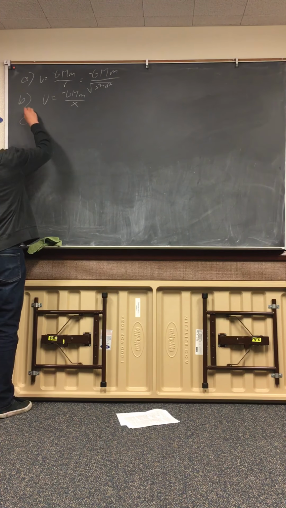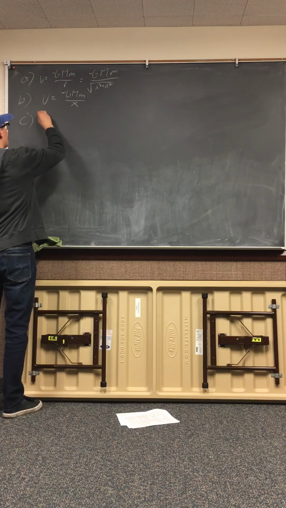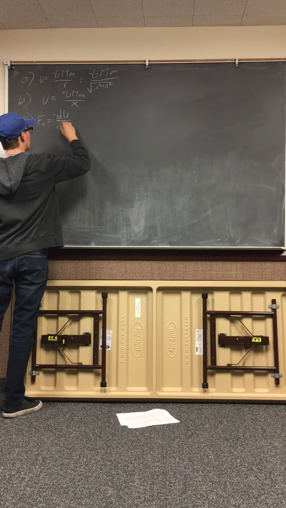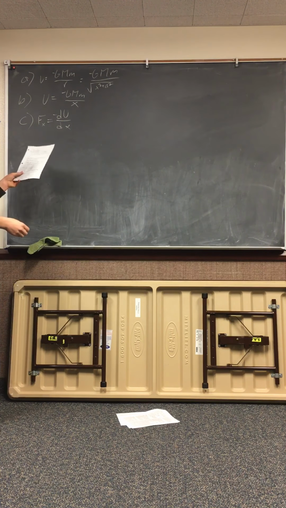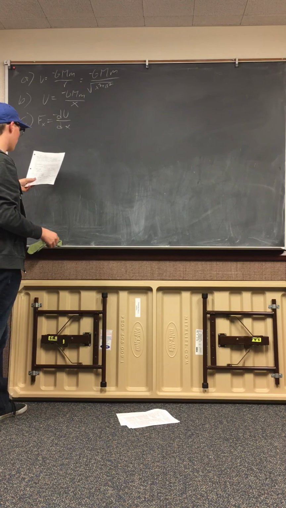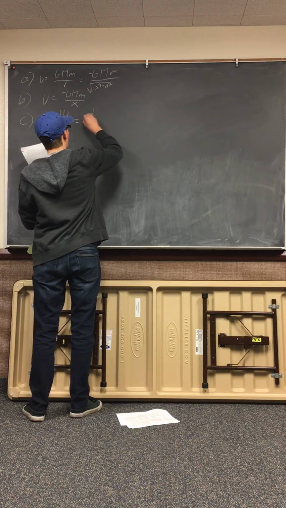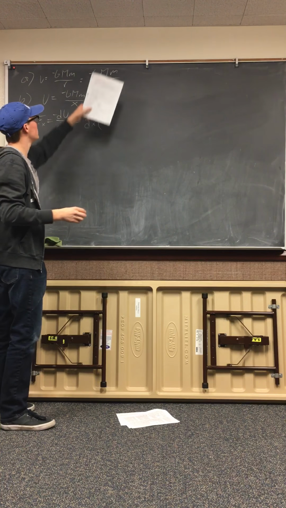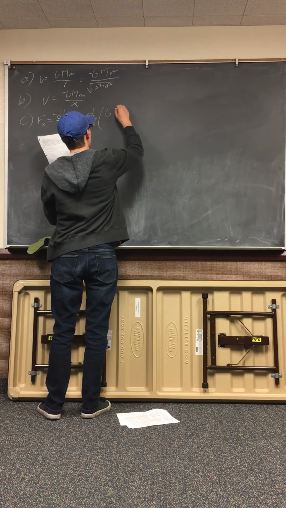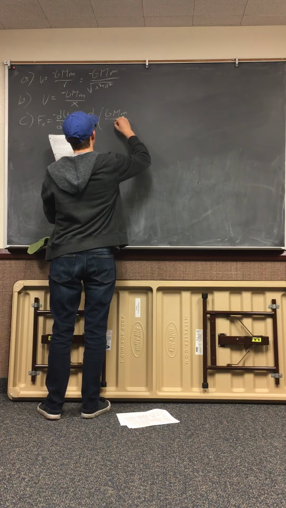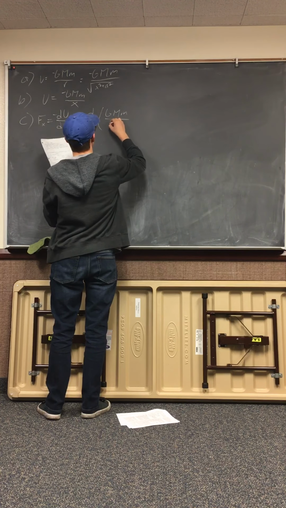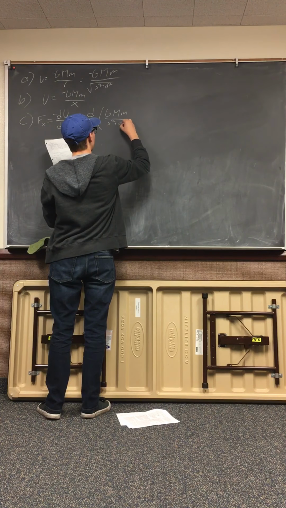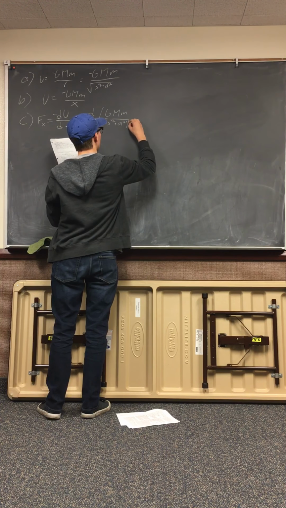For part C, we're doing force equals negative derivative of U with respect to x. Since I'm getting rid of the negative because potential is negative GMm, it equals d/dx of GMm divided by r, so GMm times (x squared plus a squared) to the 1/2.